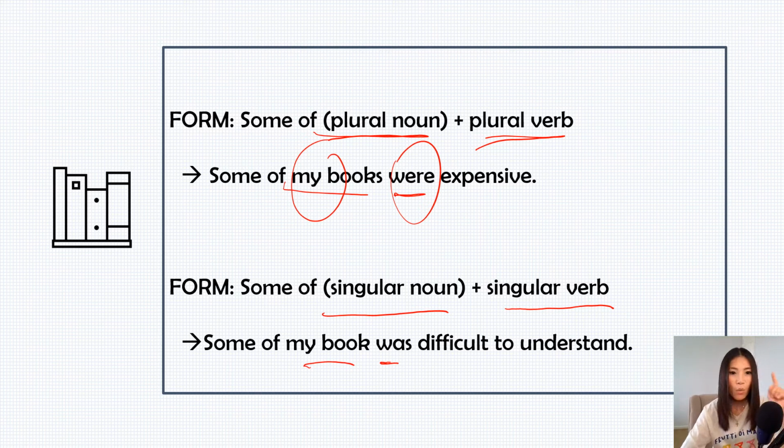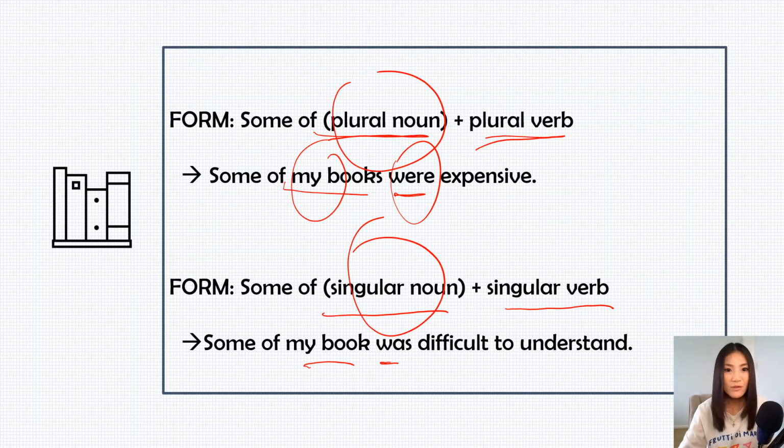You're talking about one book, and within that one book, maybe a part of it, a segment of your book, was difficult to understand. So you can use both plural or singular verb when you use the phrase some of. The noun that you use after the phrase really decides which verb you're going to use.